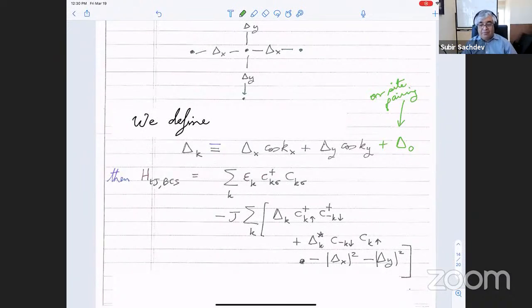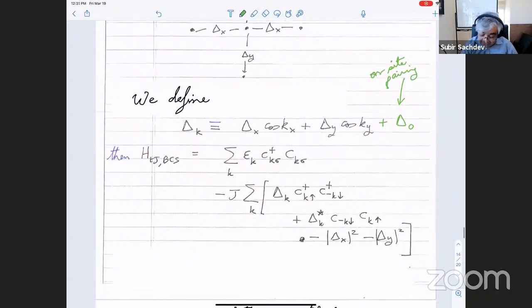But here we will keep track of the k dependence, because it's only from the k dependence that we're able to not worry about the huge repulsive energy on site. We don't want any component of our wave function to be 0 exactly on site. All right, so that's really the only difference, with this delta k here and delta k star.